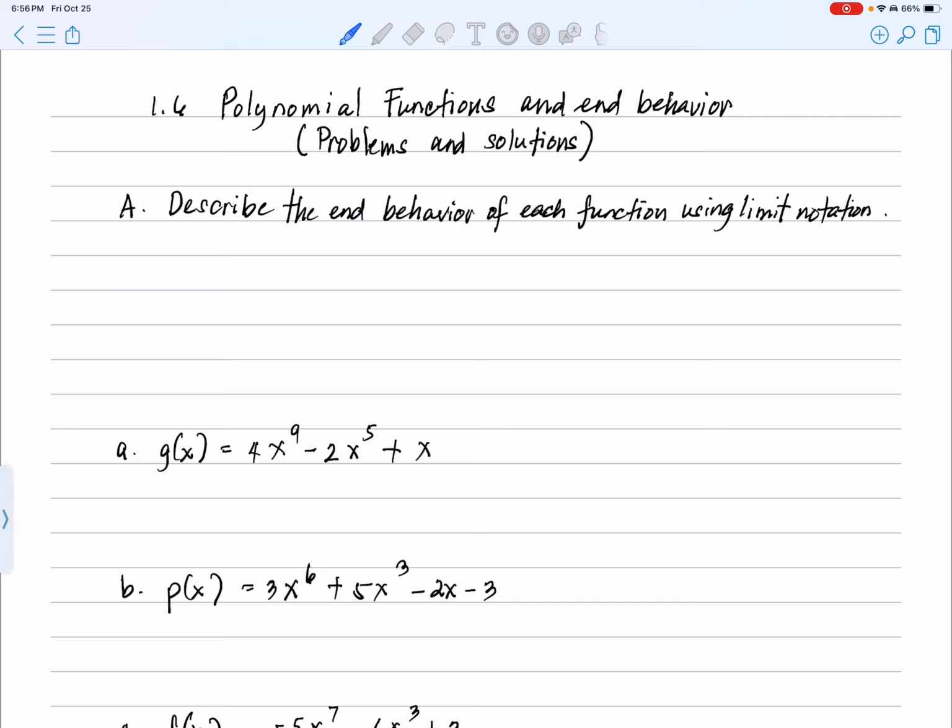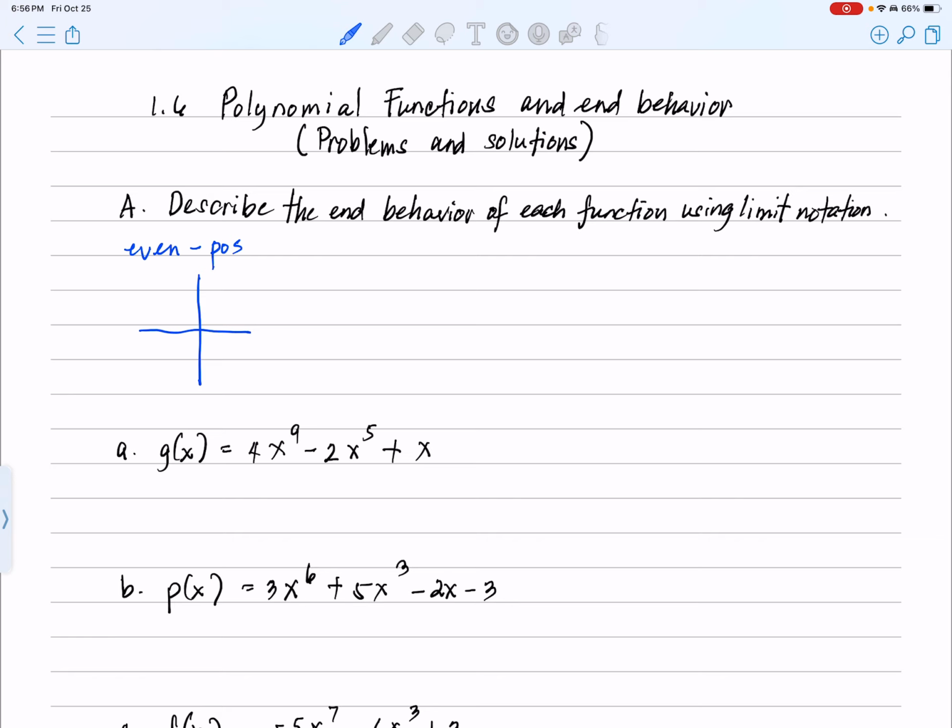So I'll start with having a combination of even degree and the leading coefficient as positive. So when it's even and positive, if you try to make a sketch, both will be on the same direction.